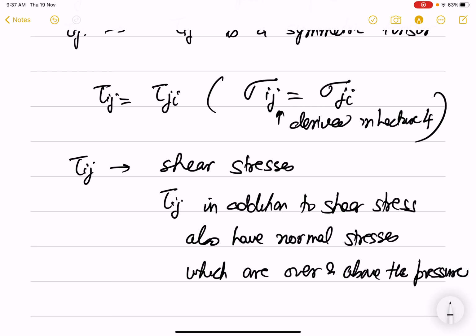So that's why I would rather call it viscous stresses, but in your solid mechanics course, tau ij will be referred to as the shear stresses.